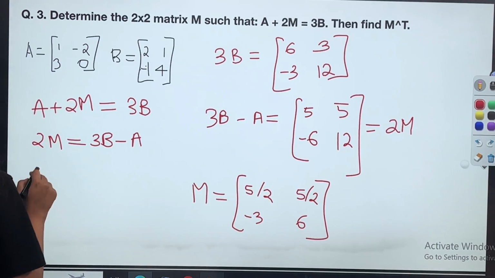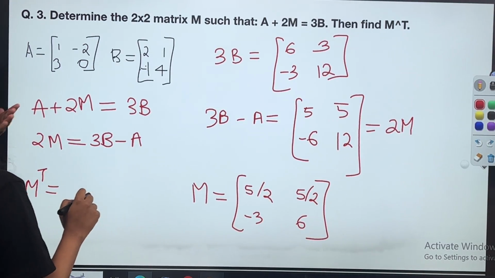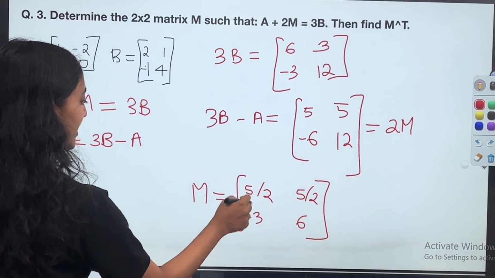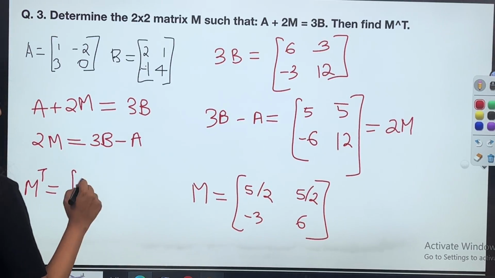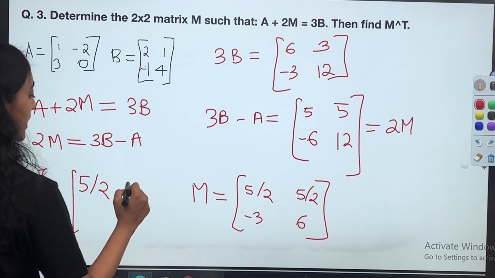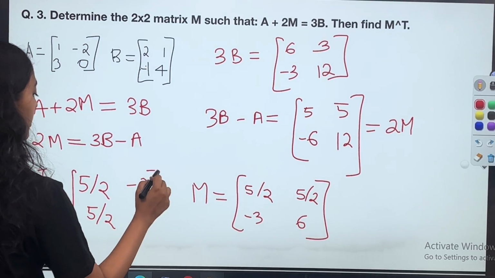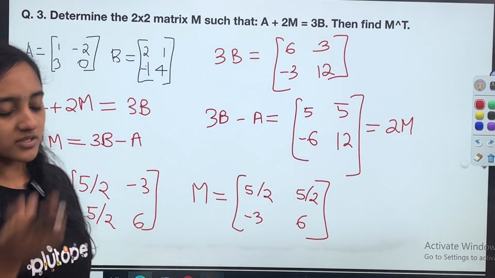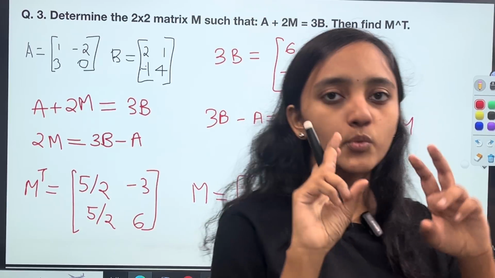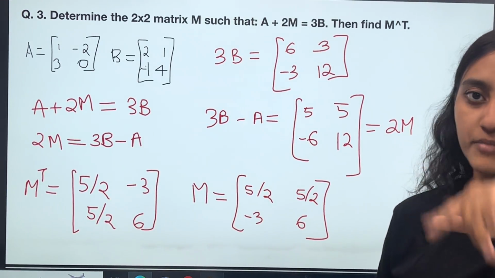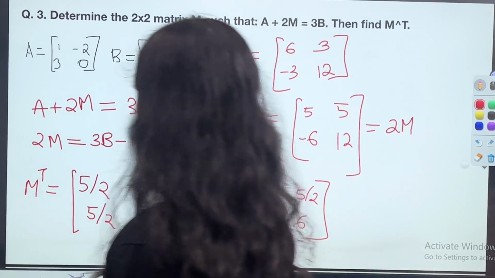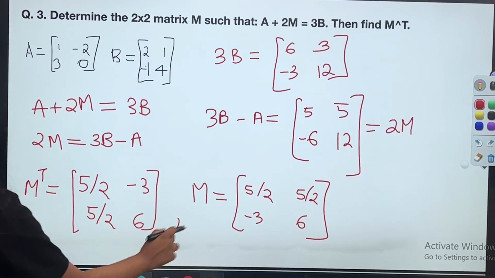So M transpose will be equal to, you have 5 by 2 and minus 3, you have to move it that side. Usually what happens in a 2 into 2 transpose is that your alternate elements exchange sides. So you have 5 by 2, minus 3, 5 by 2, 6. This is your final answer.